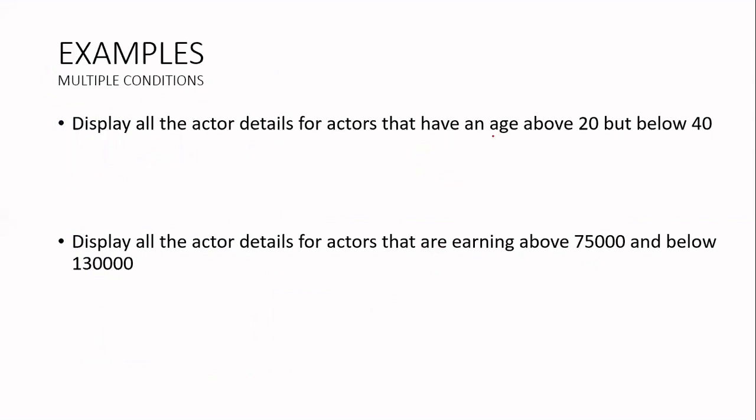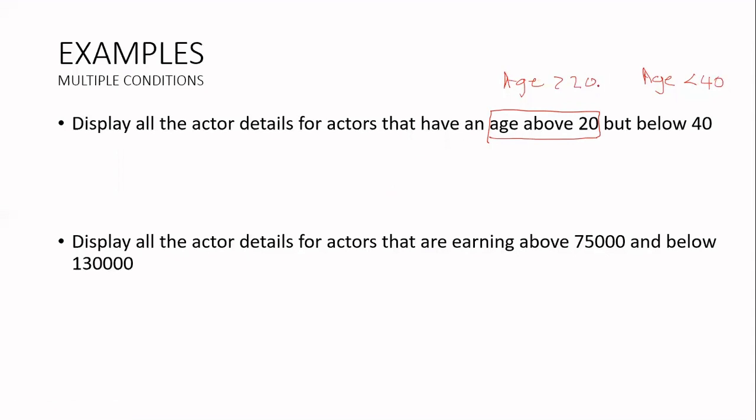So here we have an age above 20. That's quite straightforward. We want the age above 20, but below 40. So we want the age above 20, and we also want the age below 40. So those are our two conditions that we want to use.